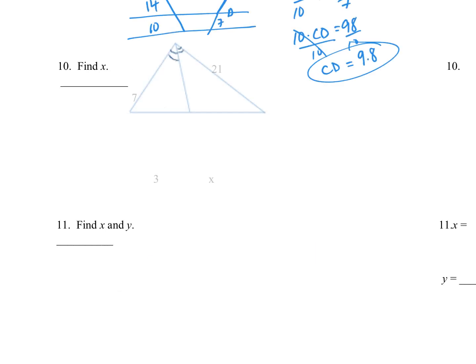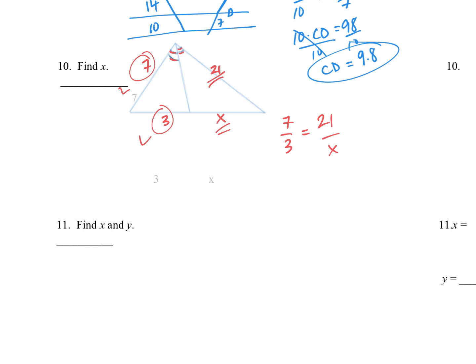All right, again, I've got my numbers kind of all over the place with the import here. So this is 7, this is 3, this is X, and 21. It says that the angles are congruent here, which means that that is an angle bisector. So the angle bisector theorem says that the bisector divides the opposite side into sides that are proportional to the adjacent sides, meaning that 7 over 3, so left over left, is equal to 21 over X, right over right.